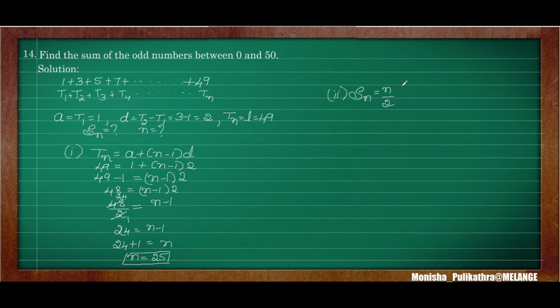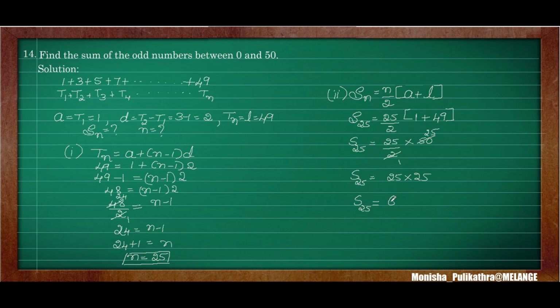Since we know the first term and the last term, we can write the shorter formula: Sn is equal to n by 2 into A plus L. So S25 is equal to 25 divided by 2 into 1 plus 49, that is 50. 2 ones are 2, 25 twos are 50, so S25 is equal to 25 into 25, that is 625.